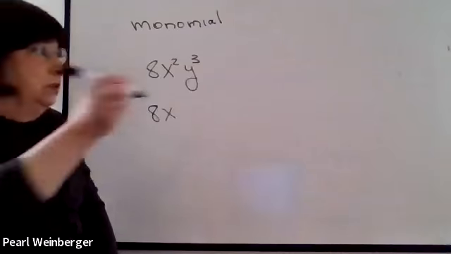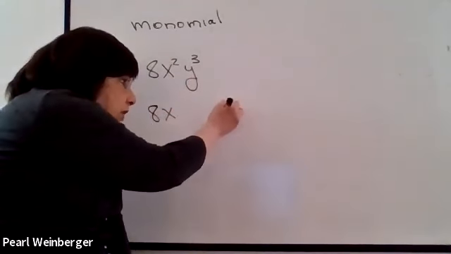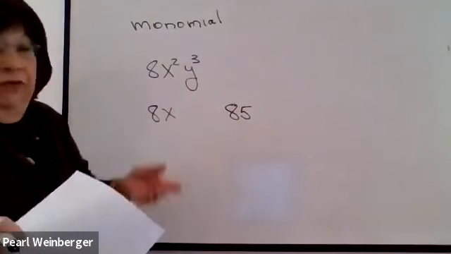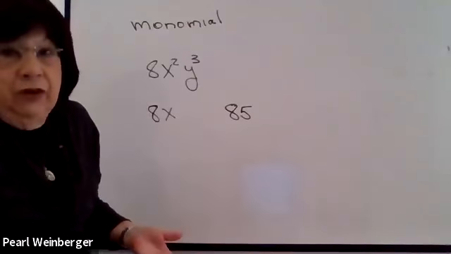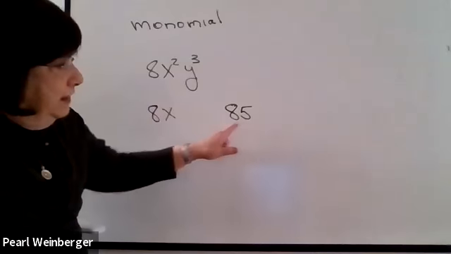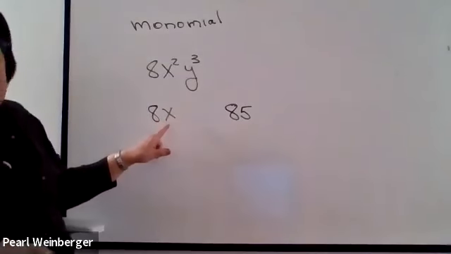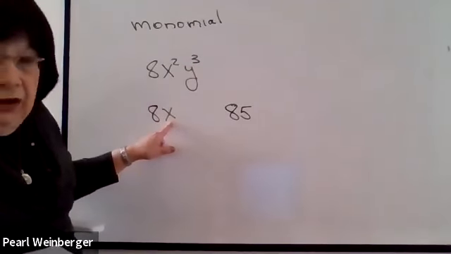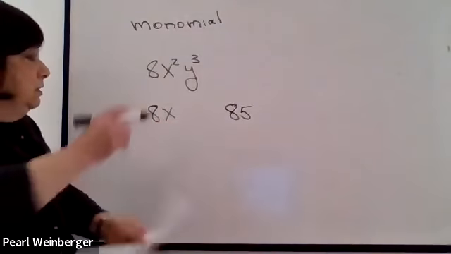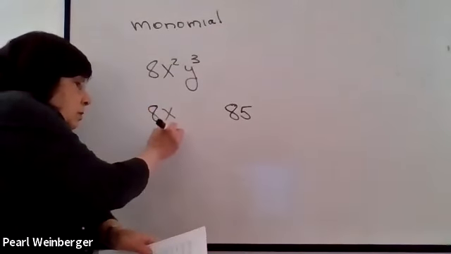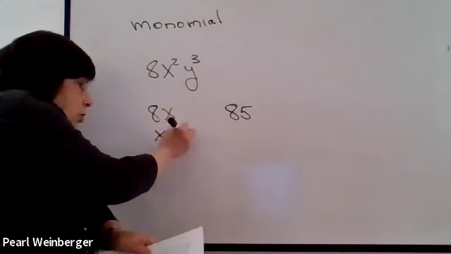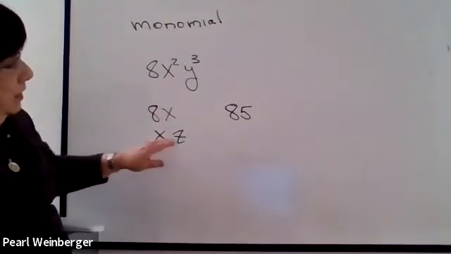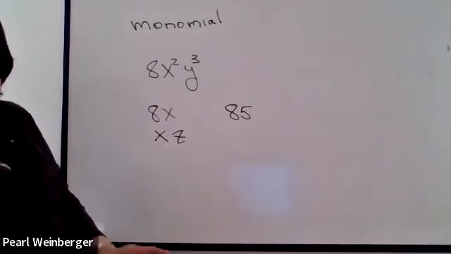Now that isn't how it works in regular arithmetic, because if I wrote an 8 right next to a 5, you would read that as 85 and you would be totally correct. That doesn't mean 8 times 5. But as soon as instead of using an actual number, you're using a letter, a variable, when you have two letters next to each other, or you have a number and a letter next to each other, then it means that you're multiplying them.